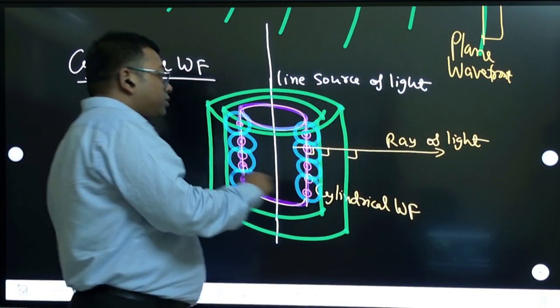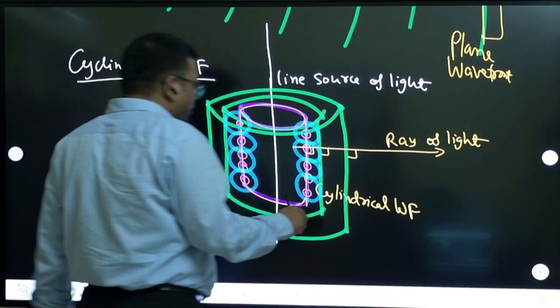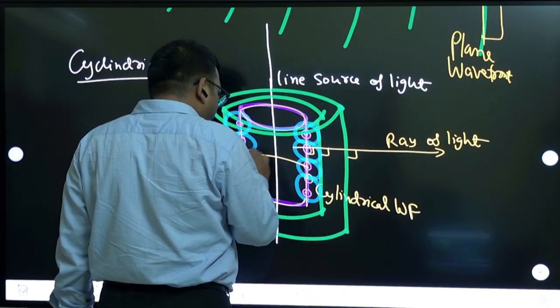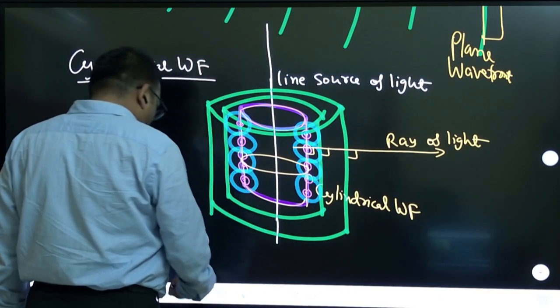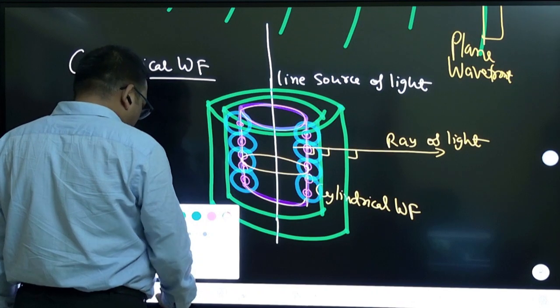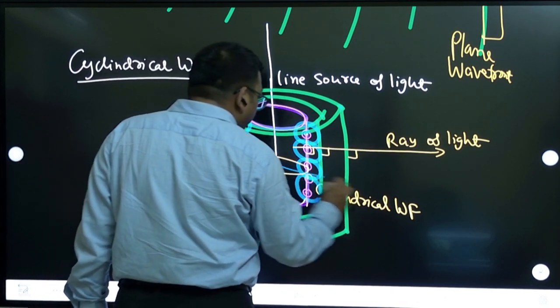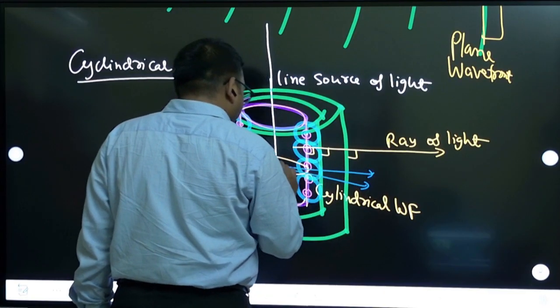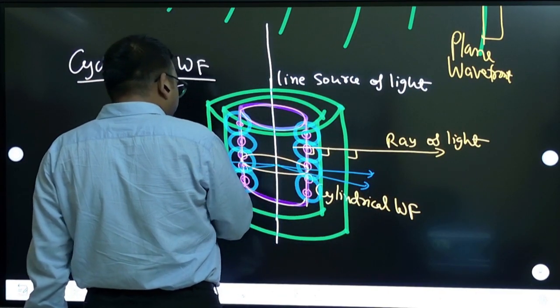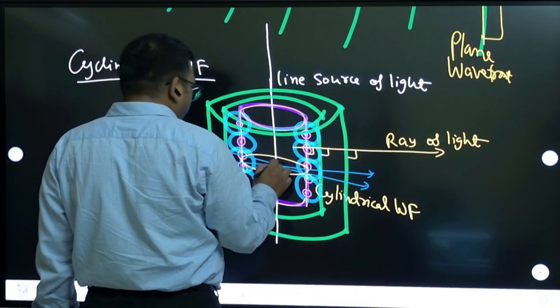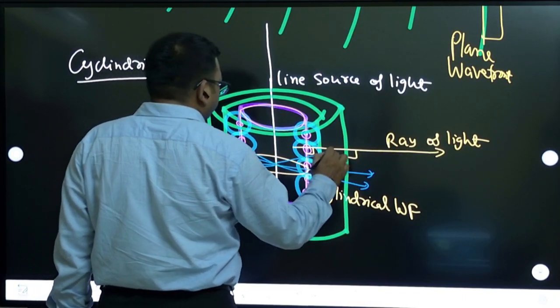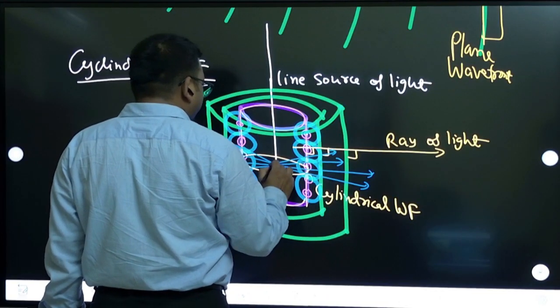Don't think it is going radially only in one plane. Try to understand that. Radially means if I draw a circle here, it is going radially. Try to imagine that, because it's a cylinder. It is not just a one-dimensional figure, oh sorry, it is a three-dimensional figure, right?